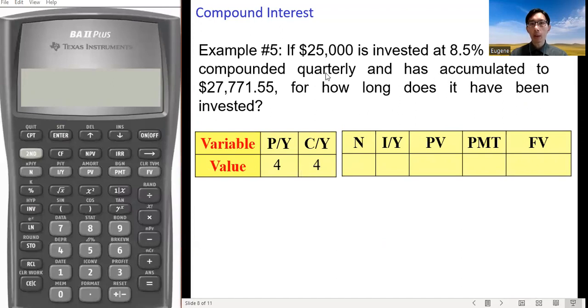The interest rate is compounded quarterly. N is the total number of compounding periods. This is asked in the question: for how long has it been invested? IY is 8.5. PV is negative 25,000. 0 for PMT. And FV is $27,771.55.